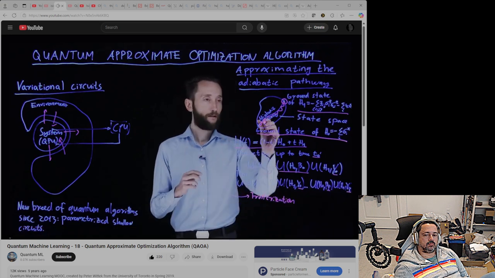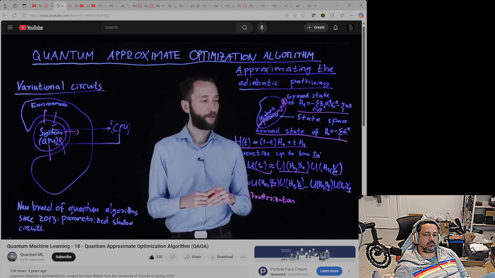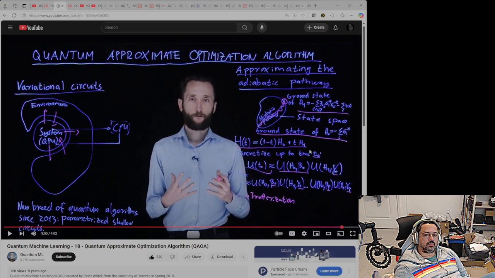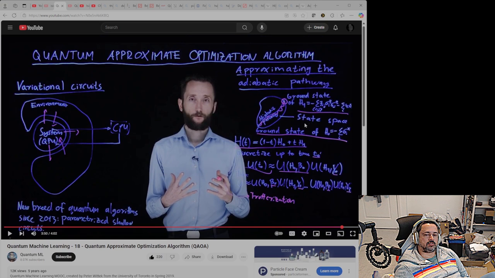So the more steps you have in the discretization, the more accurate your optimization is going to be. It seems a little bit counterintuitive because your initial desire would be to make it in as few steps as possible with as few classical perturbations, or I guess without filtering through the classical CPU.